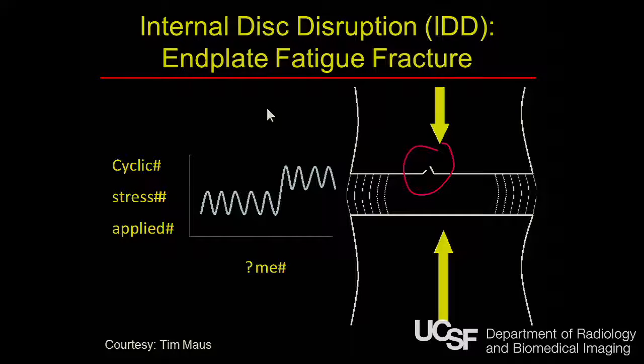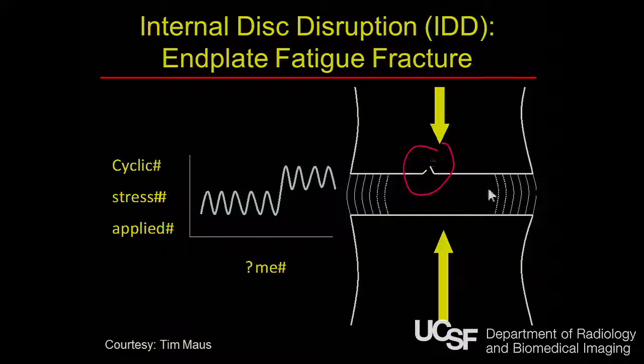So this concept of internal disc disruption results from an end plate fatigue fracture. This cartoon was shared with me by a colleague of mine at the Mayo Clinic, Dr. Moss. It shows that over time, as there's abnormal cyclic loading and cyclic stress applied to the end plate, that results in an end plate fatigue fracture.